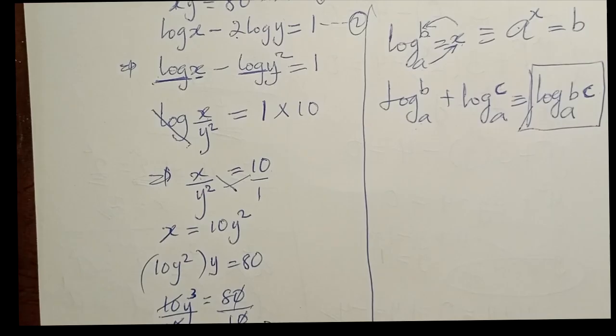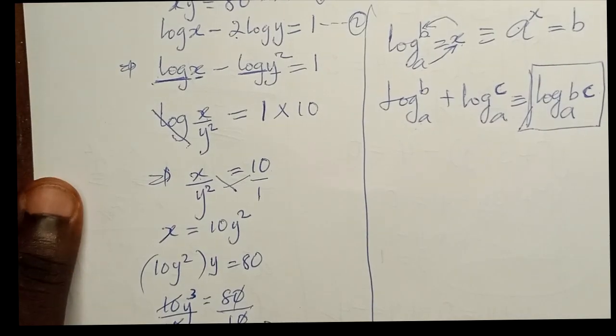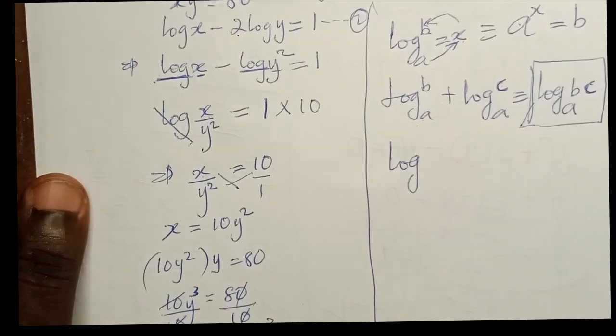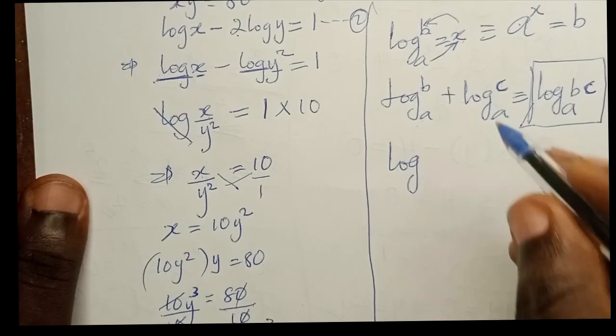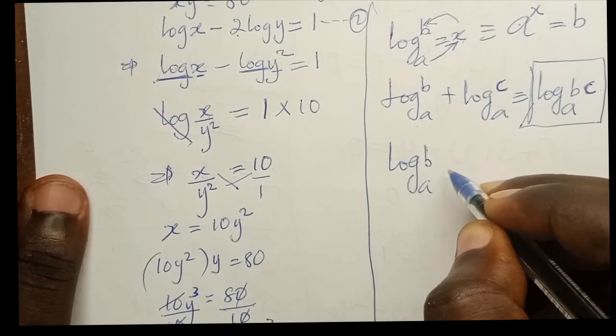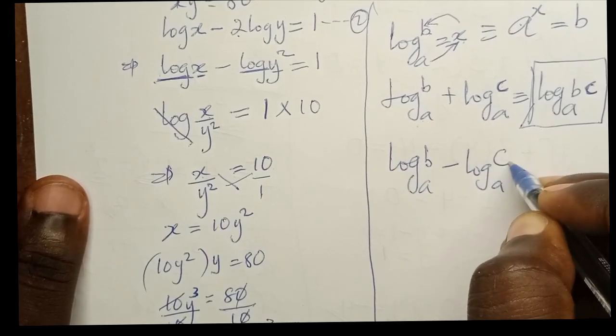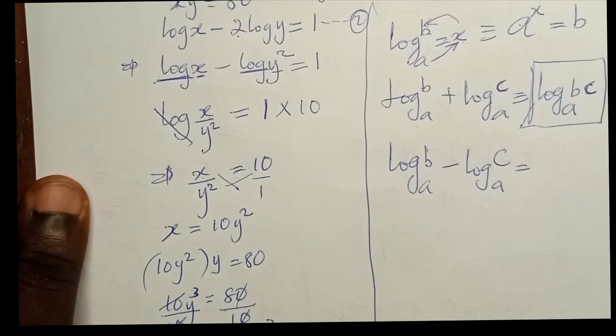Another one states that if we are subtracting two logs of the same base, as an example, log base a of b minus log base a of c, what we're going to have is a division.